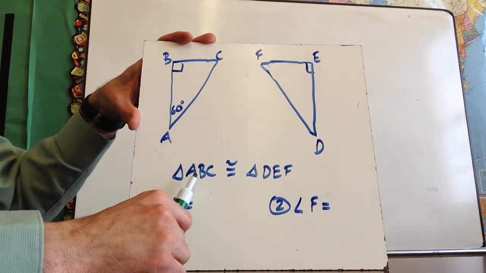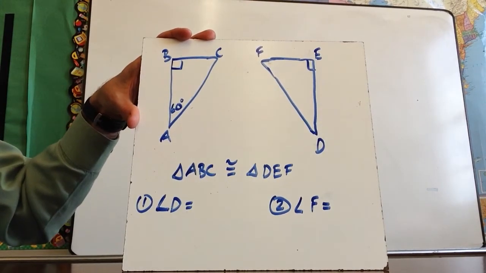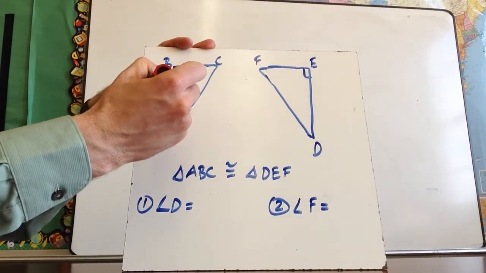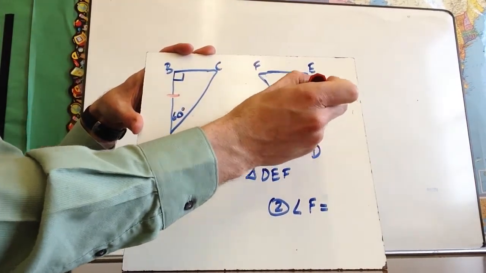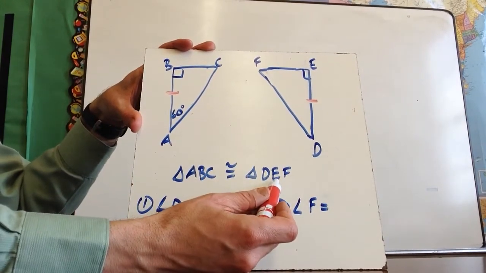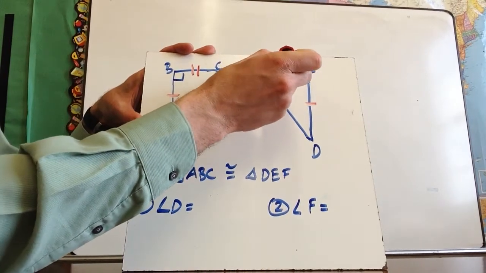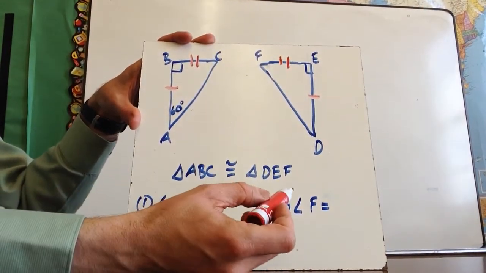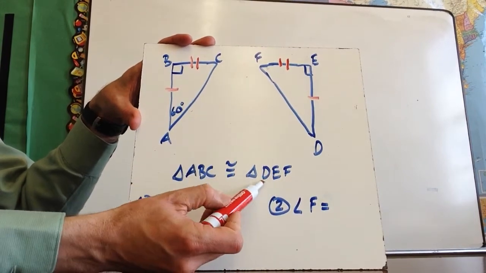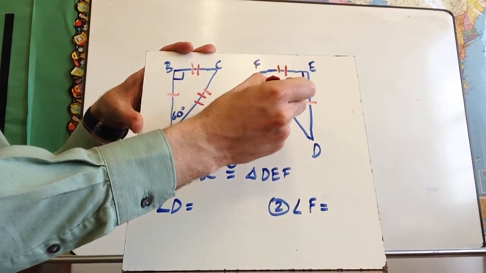And so this means that we know that AB is congruent to DE, so I'm going to put one hash mark there. BC is congruent to EF, so that's BC, which is here, is congruent to EF. And then AC, the first and the third, will be congruent to DF, and so we'll put the three hash marks there.